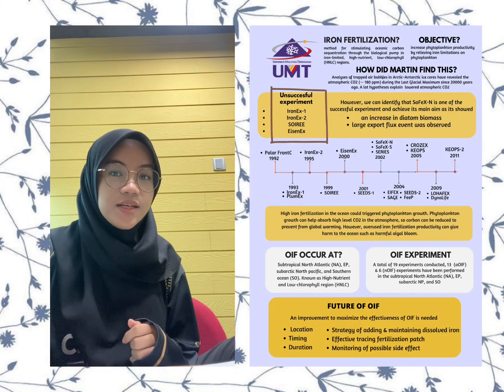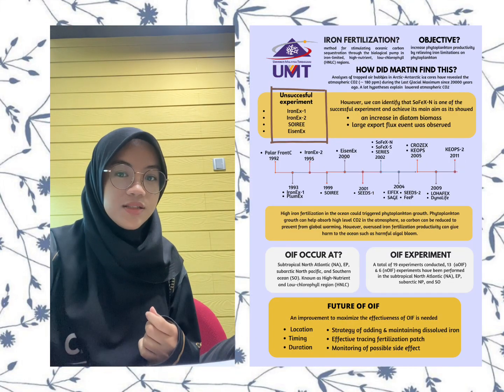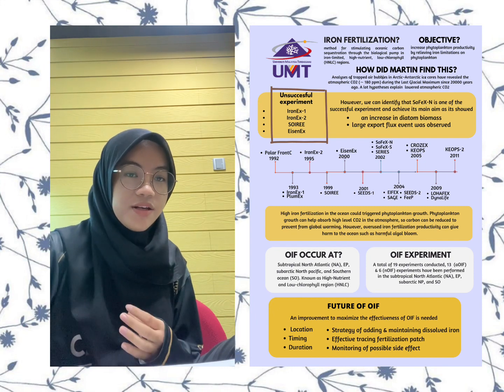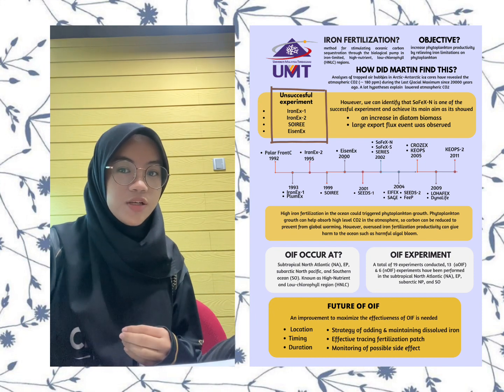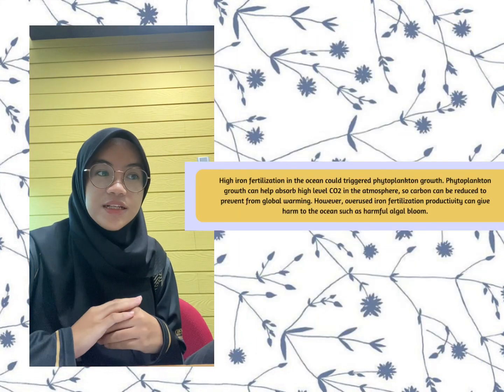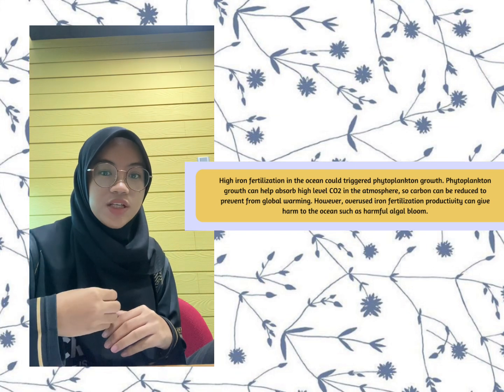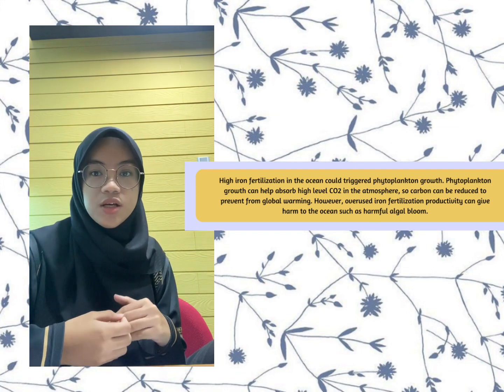So next is the iron and climate change relationship. Based on the article, how could high iron and reduced carbon in the atmosphere relate to each other? Based on the findings, we could relate that high iron fertilization will increase the productivity of phytoplankton in the ocean.